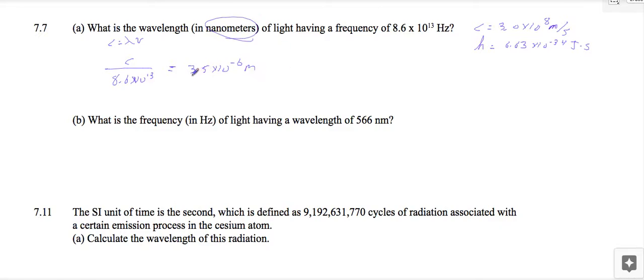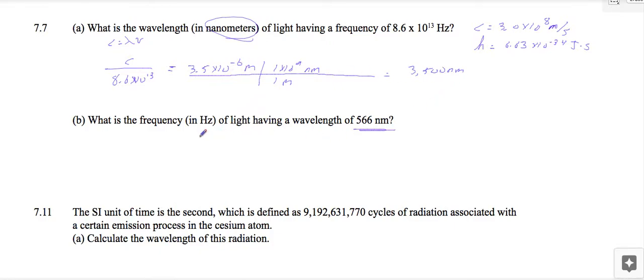Need it in nanometers. I'll show you this math just once. 1 times 10 to the 9th nanometers is 1 meter. That gets us 3,500 nanometers. All right. What is the frequency with the wavelength here? First thing we have to do is convert this into meters. See, I showed you once going this direction.